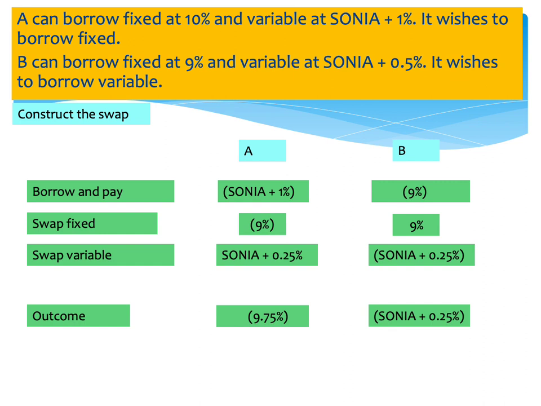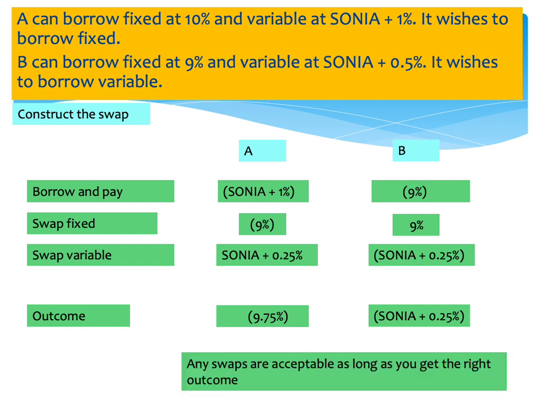So SONIA plus 1% payment plus a 9% payment less a SONIA plus 0.25% receipt from B will give you the outcome you're after, which is 9.75% as a payment. So like I say, get one company to pay everything and then essentially fudge the final transfer payment between the two companies to come to your ideal outcome.